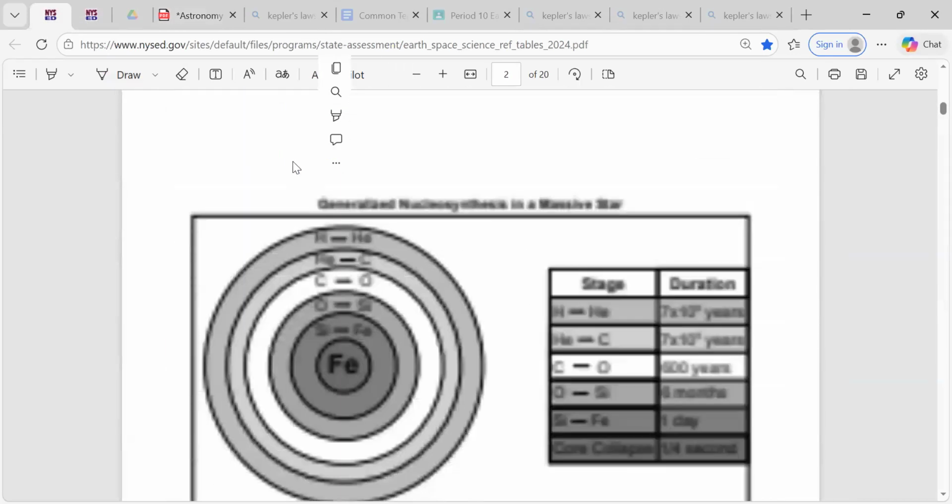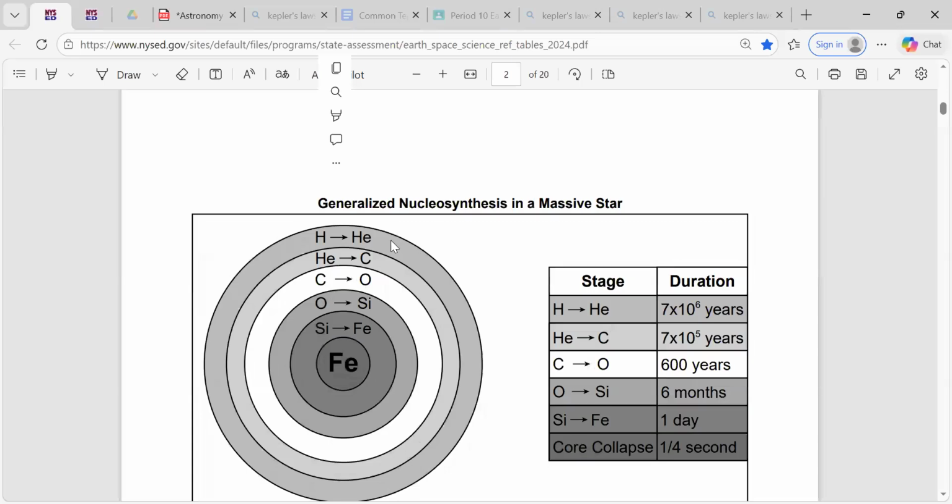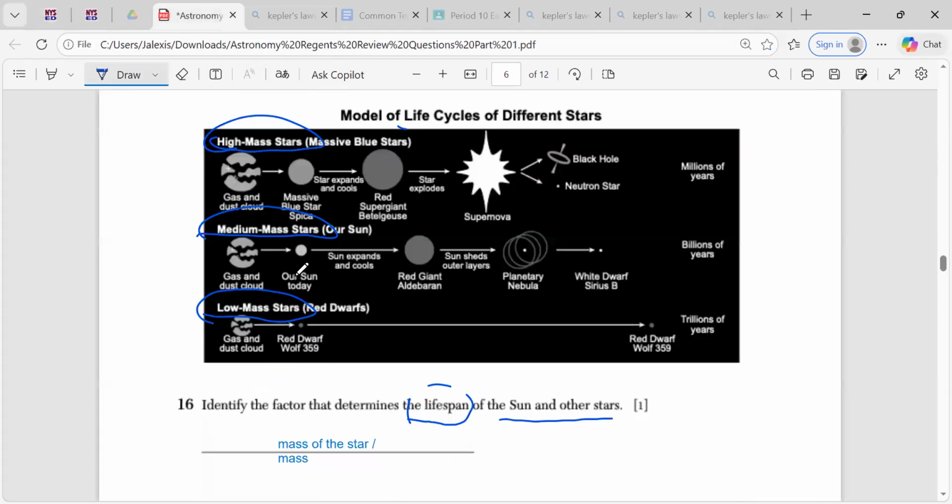Yep. We know the first stage, which all stars go through, is hydrogen to helium. But we've also learned that once a star runs out of hydrogen, and you look in the problem, look at the medium mass.